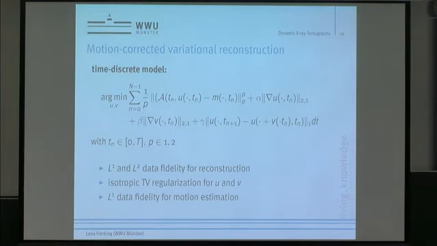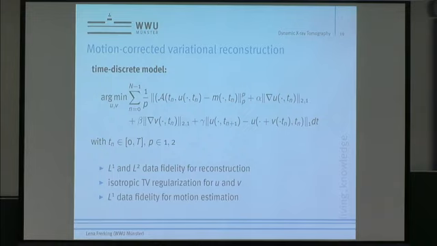So here, in the beginning, we have the data fidelity for reconstruction with the time-dependent gradient transform and the time-dependent sinogram. Then we have the regularizer for the image intensity and the regularizer for the velocity field. And the last one here is the second data fidelity for estimating the motion.